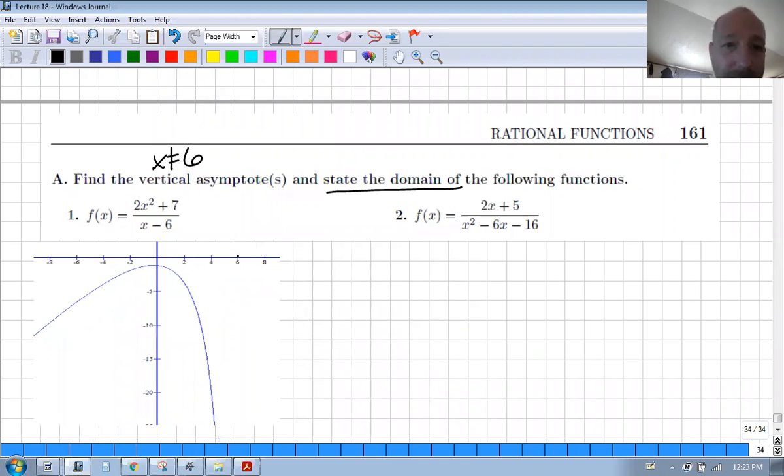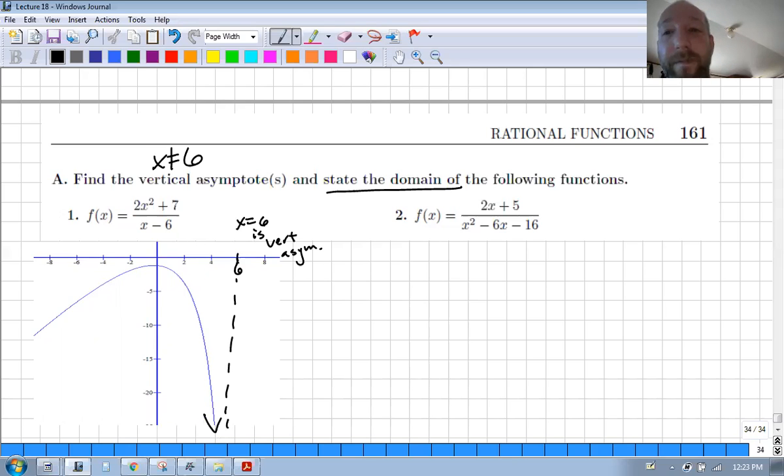All right, so you can see that right here at 6, this thing never touches that. It gets closer and closer, but it never touches it. It just goes all the way down. So that's your vertical asymptote at x equals 6.